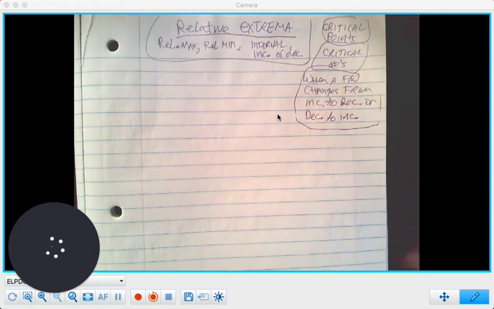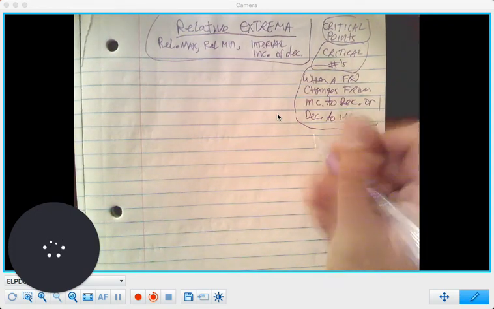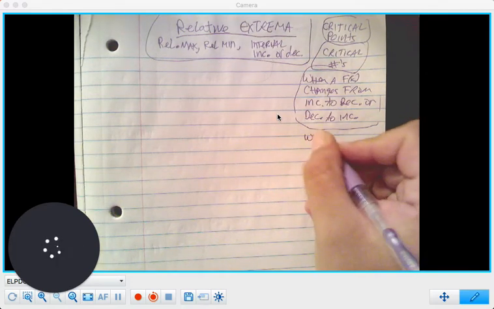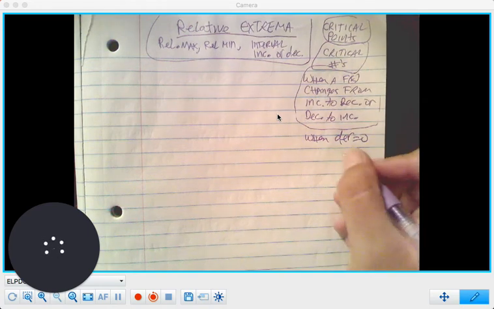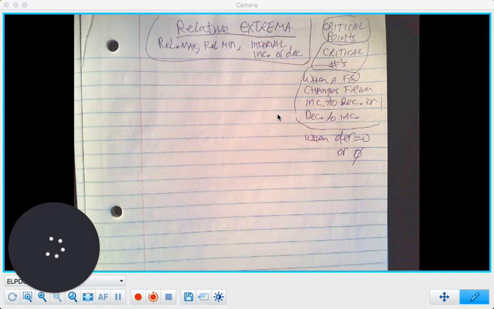How do you find a critical number? We're going to do it right now. It happens usually when your derivative is equal to 0 or undefined.